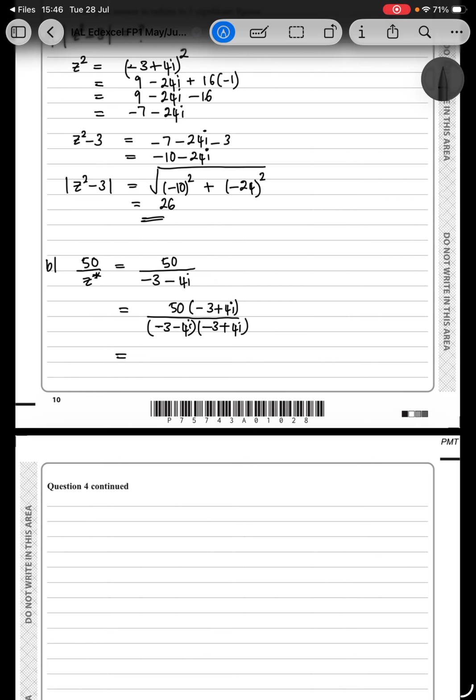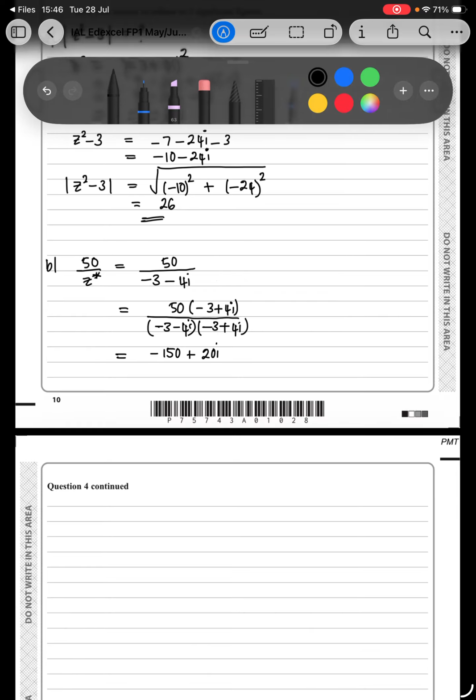This simplifies to 50 times minus 3 will be minus 150. 50 times 4i will be 200i.